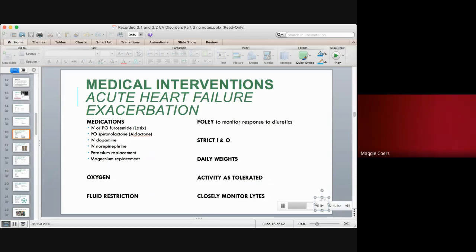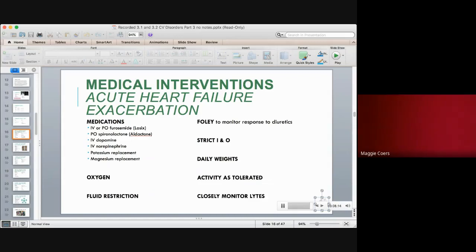Daily weights are important to take. If the patient has an increase of a couple pounds a day or 5 pounds in a week, then that could be indicative of heart failure. So we will go ahead and make sure that we weigh the patient daily, or the patient at home will take daily weight.